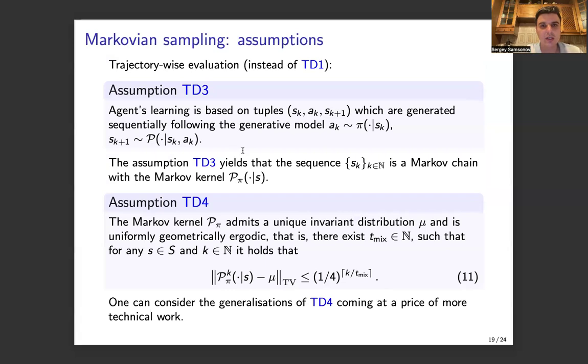We can also generalize our results to the setting of observations which are generated sequentially and form a Markov chain. In this case, we assume that the sequence of states S_k is a Markov chain with some transition kernel P pi, which depends upon our evaluating policy pi. We need to assume that this Markov kernel is uniformly geometrically ergodic. That is, it admits a unique invariant distribution, and for any starting state S, it converges exponentially fast to the invariant distribution mu in the total variation distance.